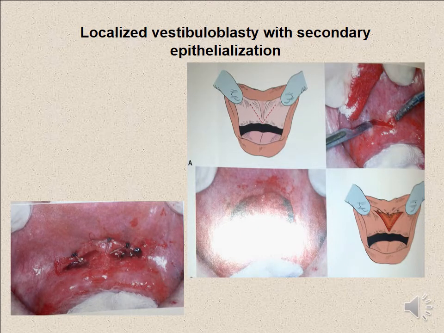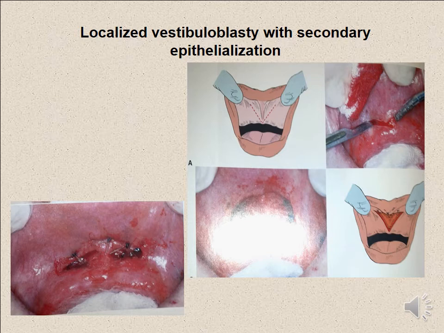Another technique, if there is a very broad frenum that cannot be removed by simple alveoloplasty or simple zetaplasty, is called localized vestibuloplasty with secondary epithelialization. We remove the frenum by incising it from the gingival side and the labial side and leaving a wide area.